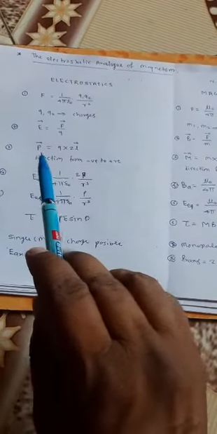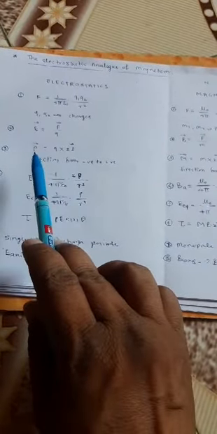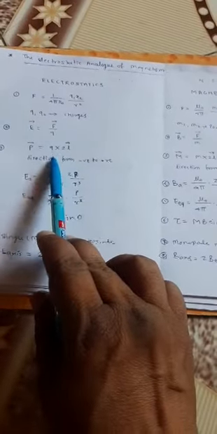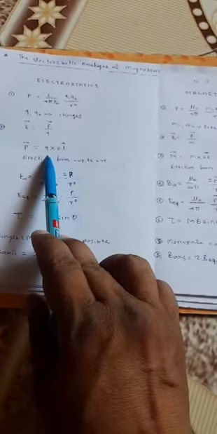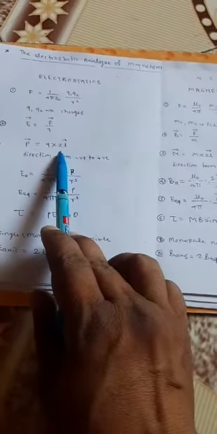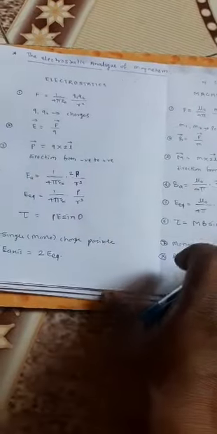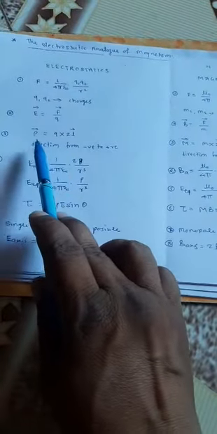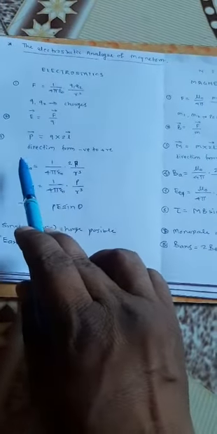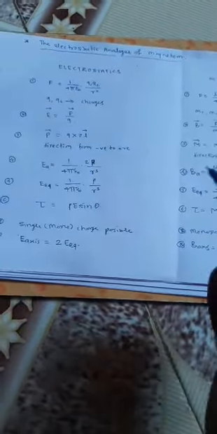Again, we know that in electrostatics, electric dipole moment p is equal to q into 2l, where q is the magnitude of one charge and 2l is the distance between the two charges. And the direction of this electric dipole moment is from negative charge to positive charge.